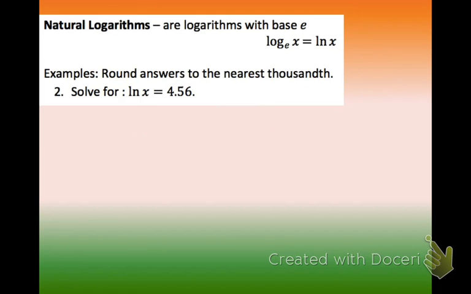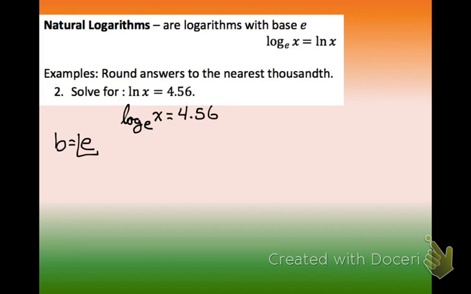The last example I'm going to go through with you here is solving again for x, similar to what we just did a second ago. So what I would do first is I would say, okay, well this is ln, so that means it's log base e of x, which is 4.56. And then I would say, okay, now I know my base is that crazy number e.